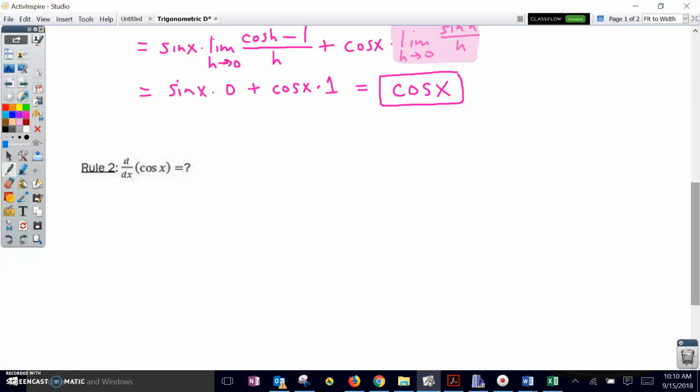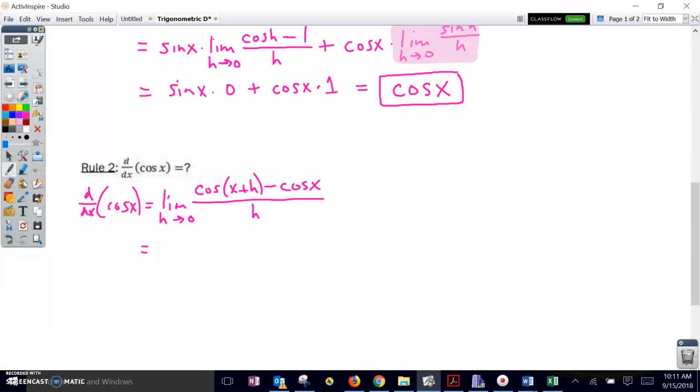We're going to set up the limit of the difference quotient first. The derivative of cosine of x is equal to the limit as h goes to 0 of cosine of the quantity x plus h minus cosine of x all over h.